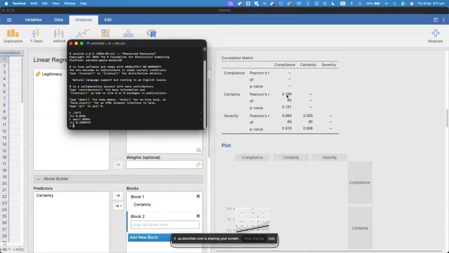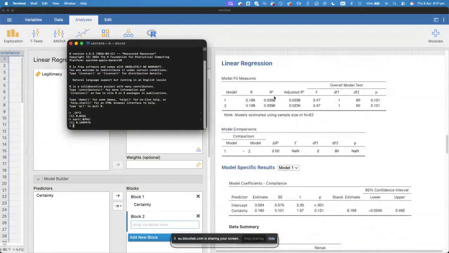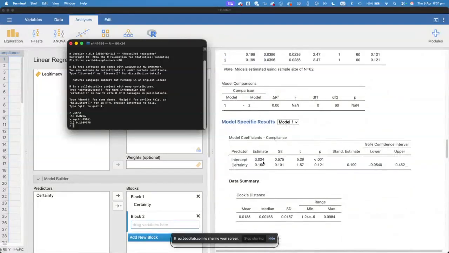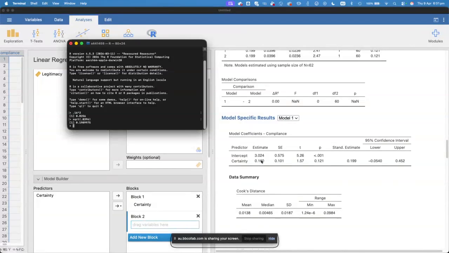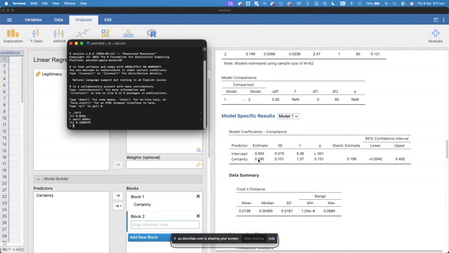Here it says 0.199. When you square that correlation, you get the R squared. But these estimates are not the Pearson's R. This is saying for every 1 unit increase in certainty, there's a 0.16 increase in compliance. So it's actually interpreting that linear slope.